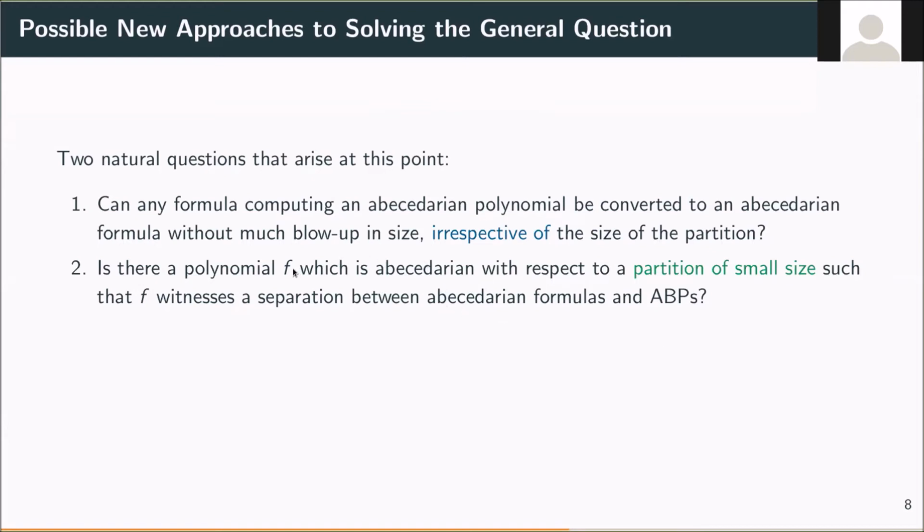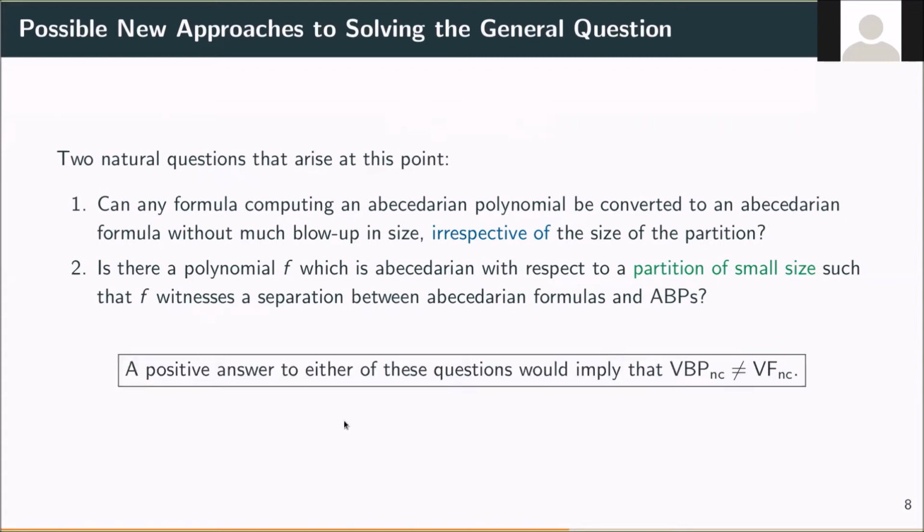So if there is a polynomial which is abecedarian with respect to a partition of small size and it witnesses a separation, then that is enough to give a lower bound for general non-commutative formulas. Right? So a positive answer to either of these two questions would imply a separation.